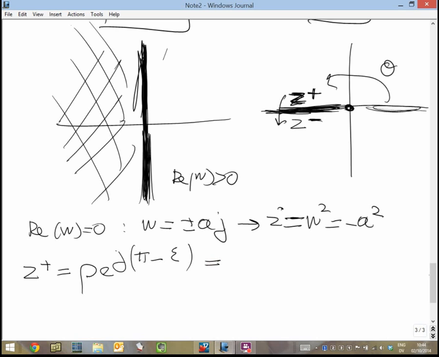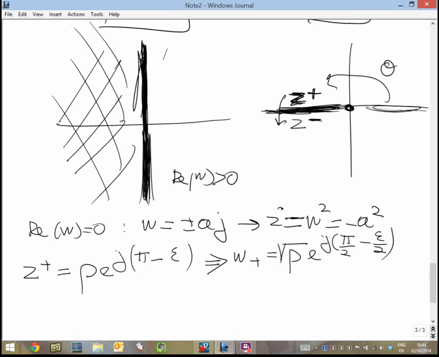So what is the square root of this particular point Z plus, given our restriction that we're only going to consider points for which the real value of W is positive? Well, let's first try the most obvious solution. So let's first try for W plus the square root of rho exponential j pi over 2 minus epsilon over 2.